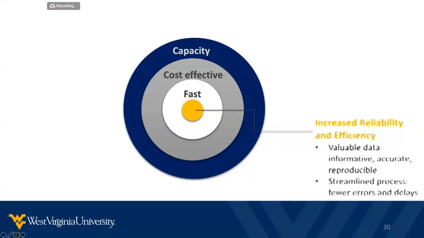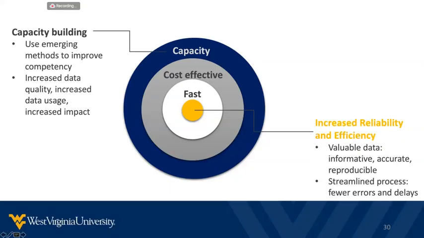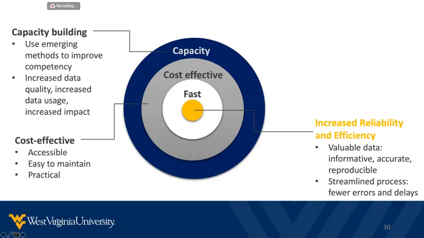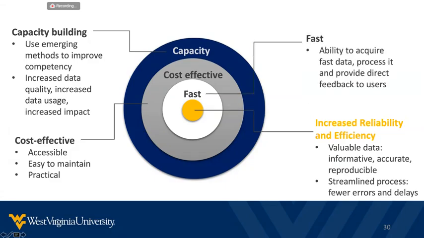So we propose to do that by building capacity using emerging methods that can increase not only the data quality, but most importantly, the usage of that data for increased impact. And of course, we want those methods to be cost-effective so they can be accessible, easy to maintain, and practical, and fast so we can provide rapid feedback to the users.